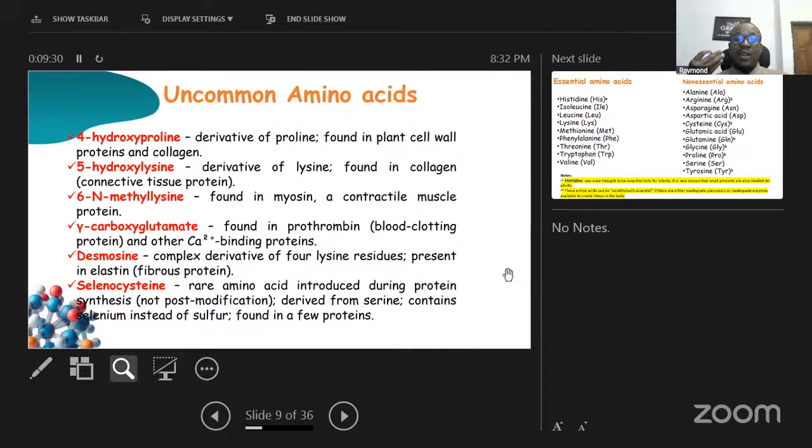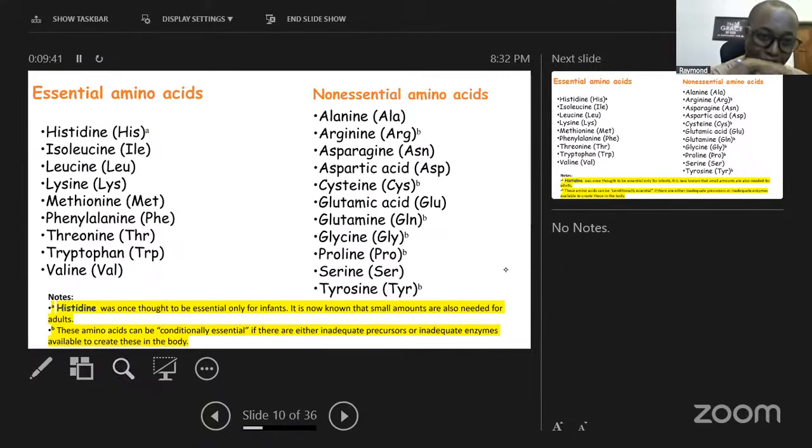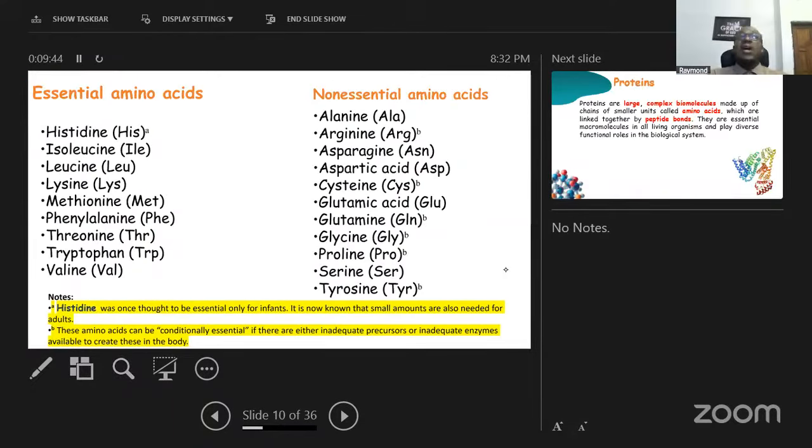So these are uncommon amino acids. We have the selenocysteine, we have the desmosine, we have the N6-methyllysine. So these are the essential and non-essential amino acids.